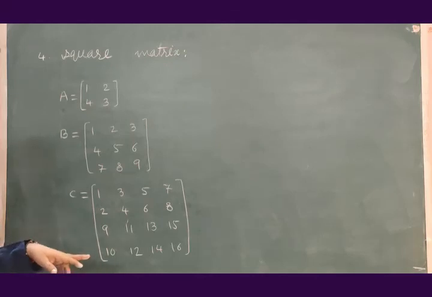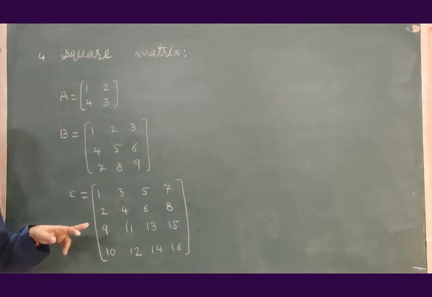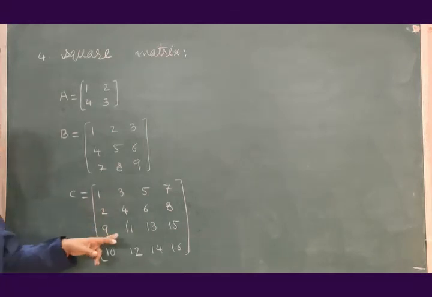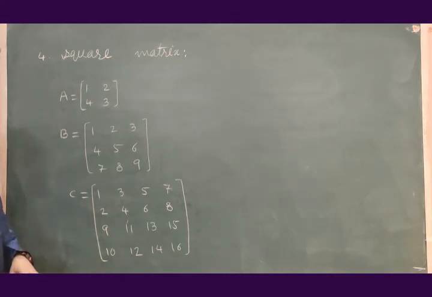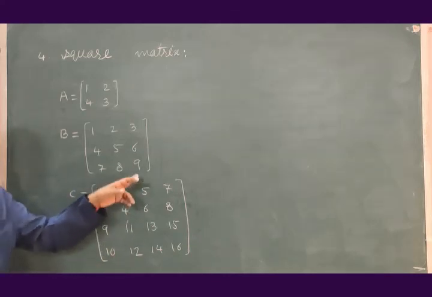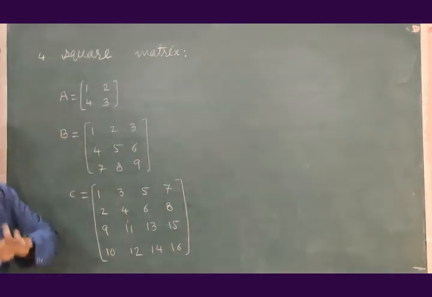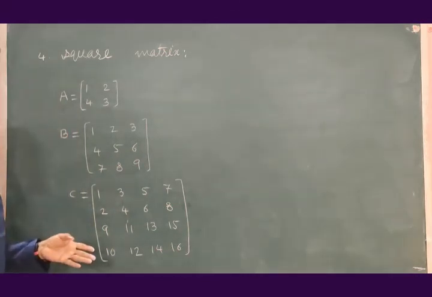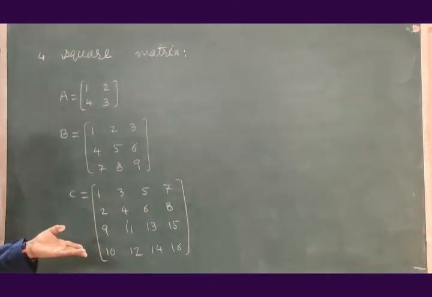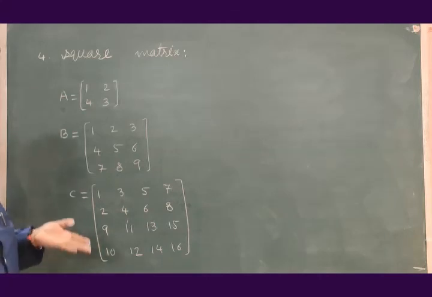Now let us consider matrix C. How many rows are there? 4 rows are there. 1, 2, 3, 4. How many columns are there? 4 columns are there. So for matrix C, the number of rows is equal to the number of columns, and therefore matrix C is also a square matrix.